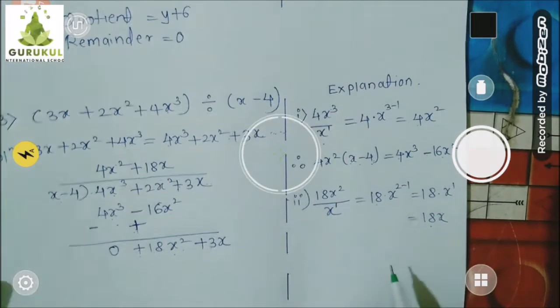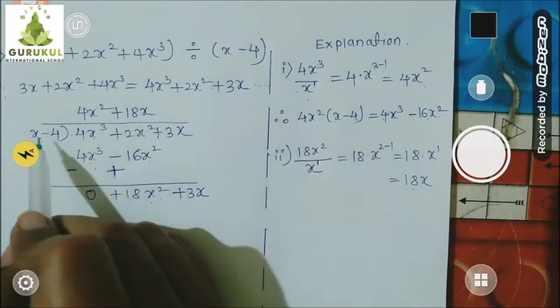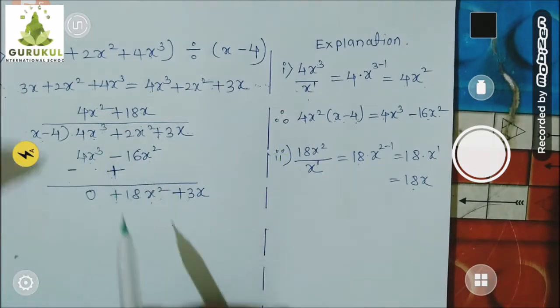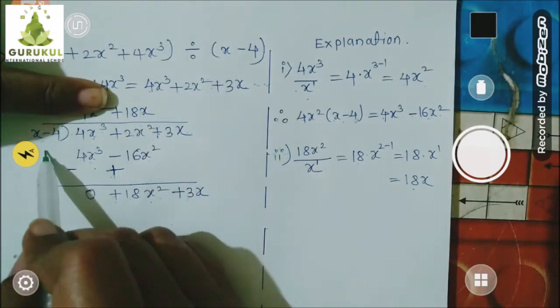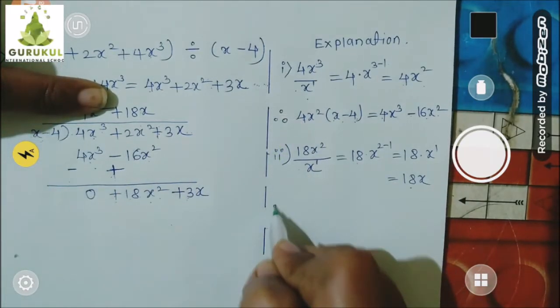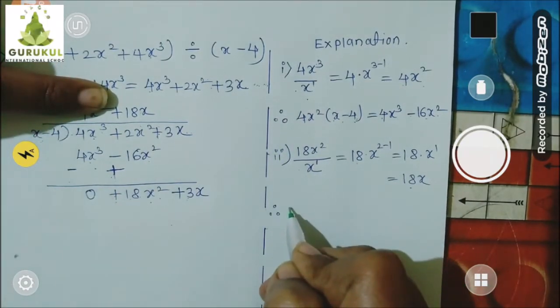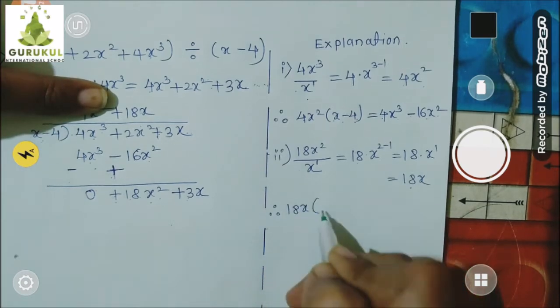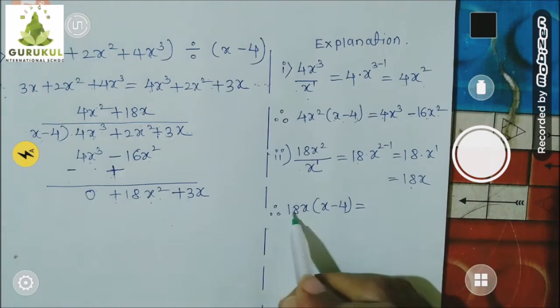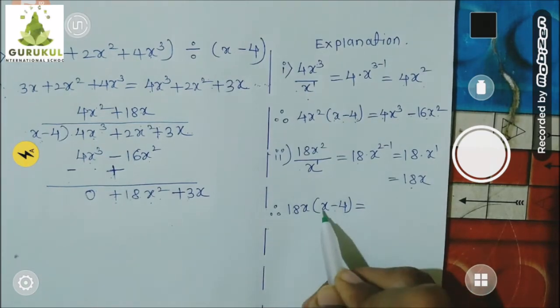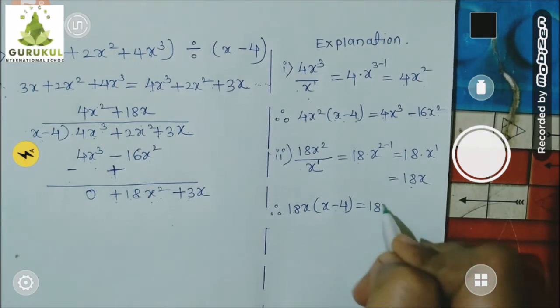So now this becomes the quotient, which you will write over here along with sign plus 18x. And then this plus 18x I will multiply with this, and that product I will write over here. So I will write therefore 18x multiplied by x minus 4. Now children, monomial into binomial. 18x into x, 18x square.